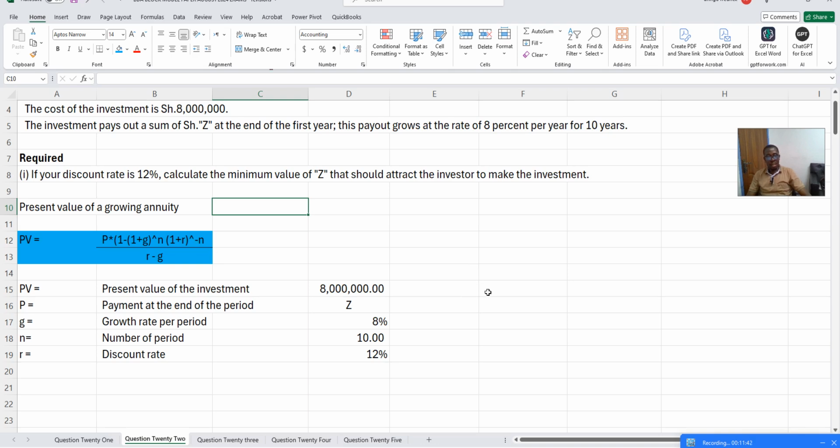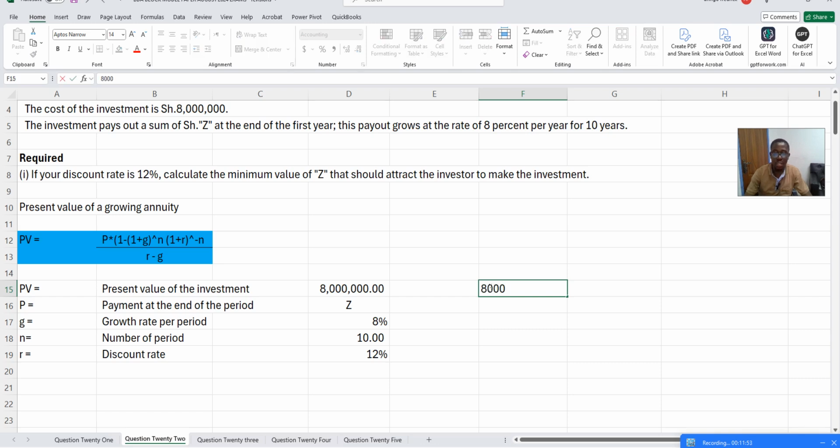So in this case, we have our PV, the present value of the investment, which is 8 million, will be equal to P, that is the payment at the end of the period, which you don't have. That's what has been represented by Z.